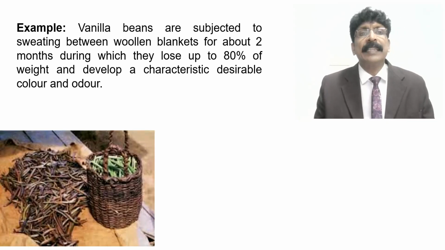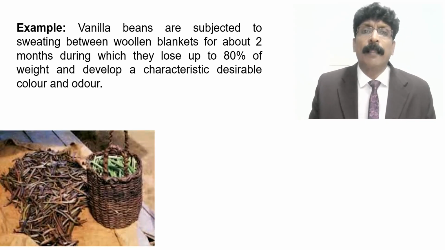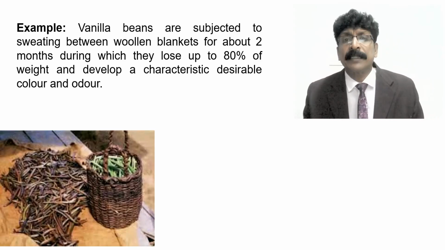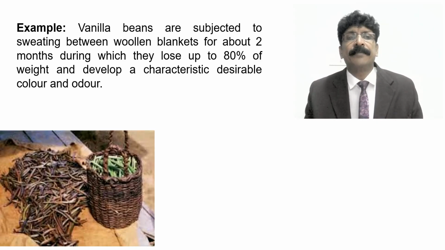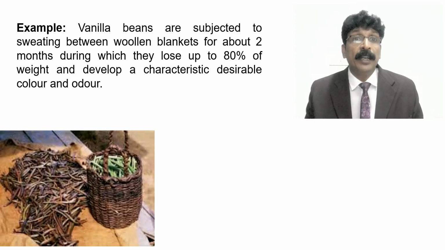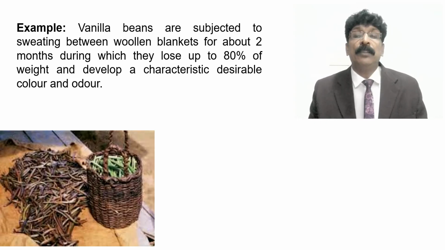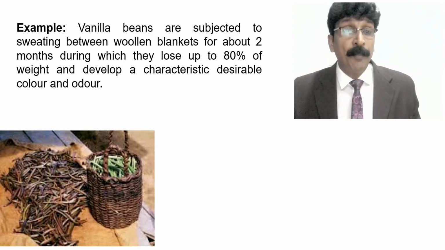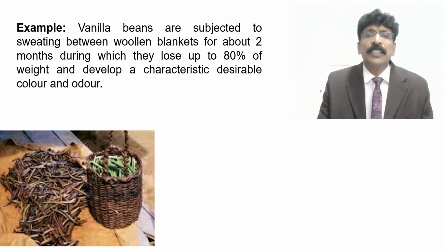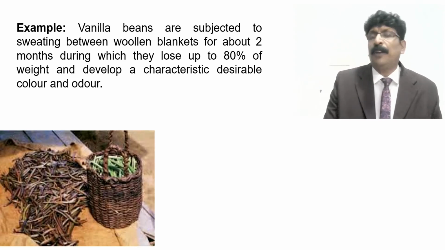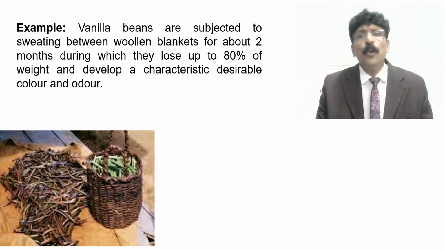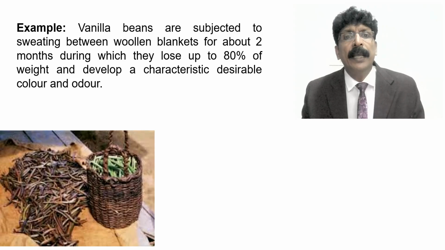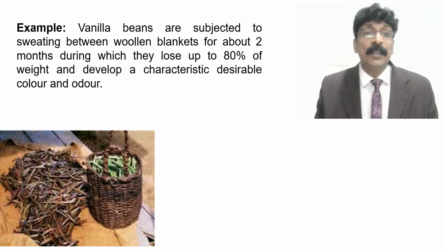For example, vanilla beans are subjected to sweating between wooden planks for about 2 months. Vanilla, you might have heard about vanilla. I took this example to show you what we mean by sweating and aging. During the 2 months of sweating, vanilla beans lose up to 80% of their weight and develop a characteristic desirable color and odor.